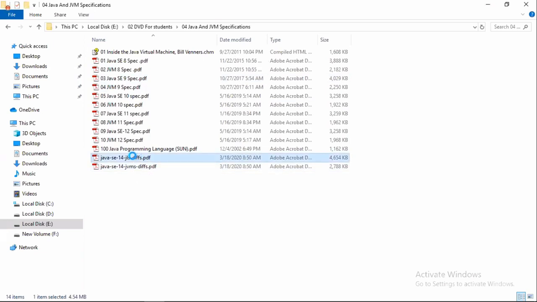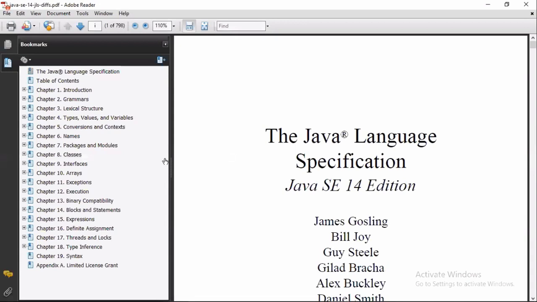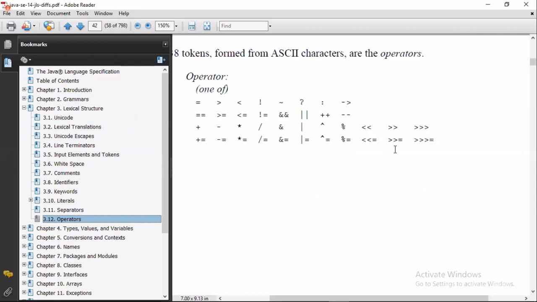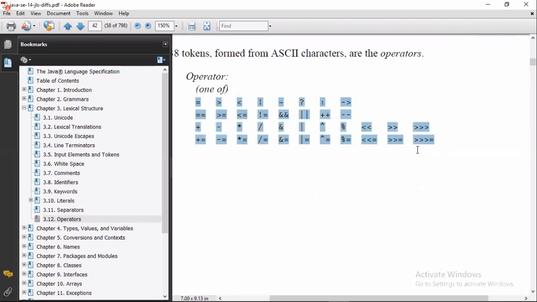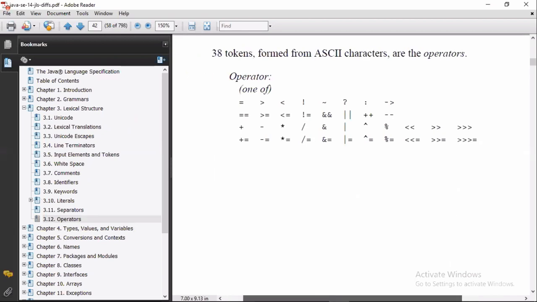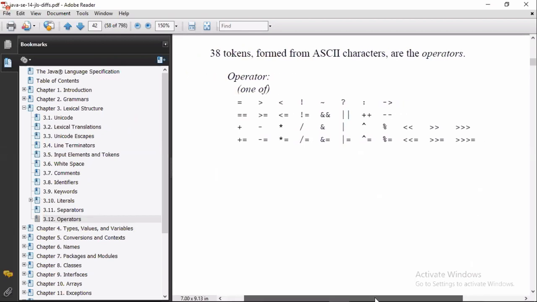Latest version is 14. Okay, 15 I have not yet downloaded. Just open the 14 version. Look at that. We have lexical structure. Under that you will find separators and operators. Click on operators. Look at this. These are the operators. Count. Two operators are missing here.